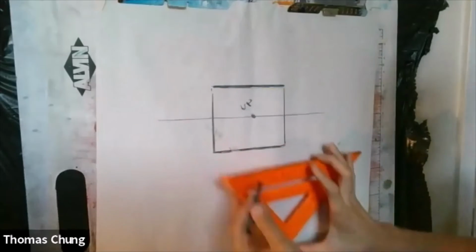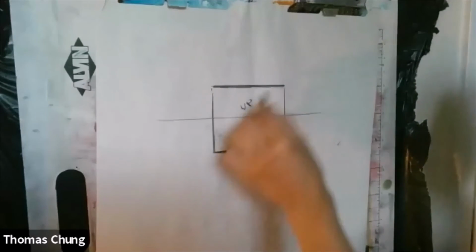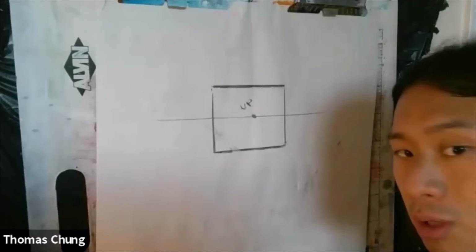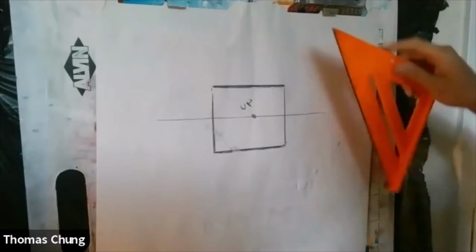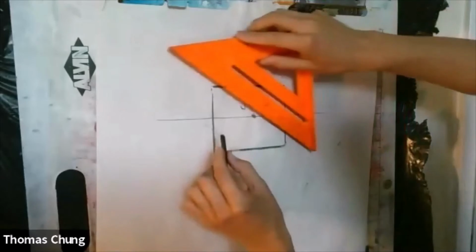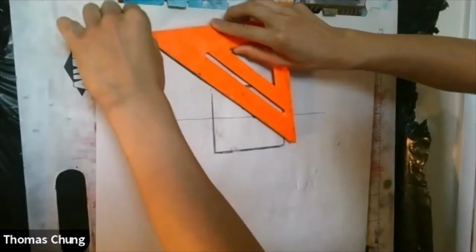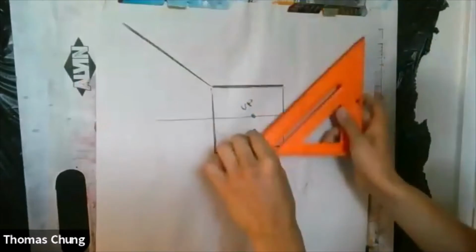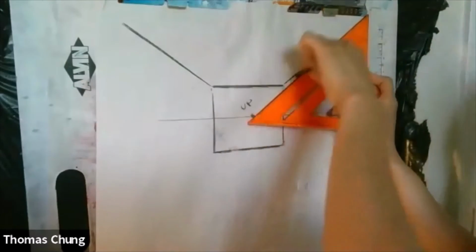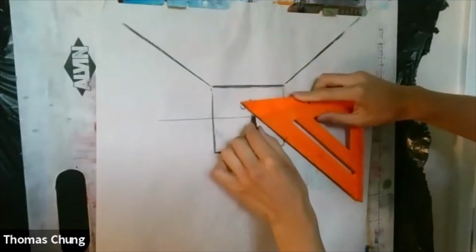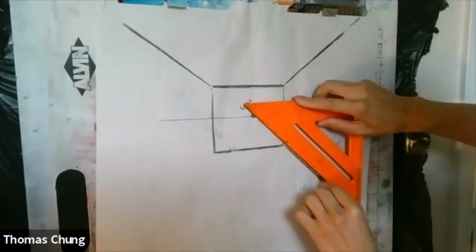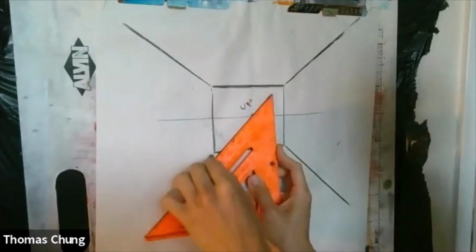So you start out with that back wall, and I would put the horizon line somewhere inside it and the vanishing point. And then what you're going to do is go from the vanishing point out through the 4 corners. You might want to go pretty much to the edge of your page. And this is calculating out your floor, ceiling, and sidewalls.